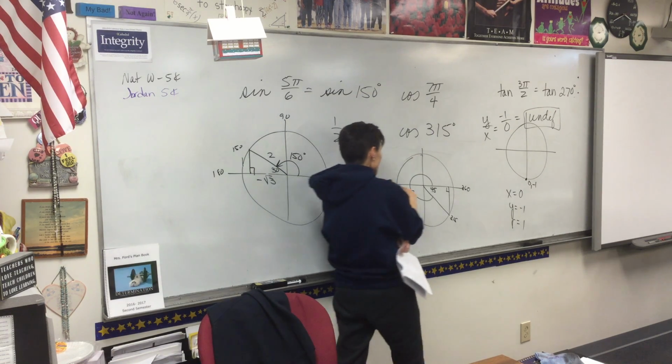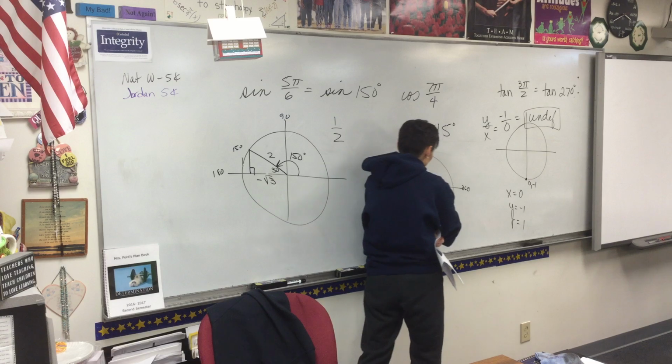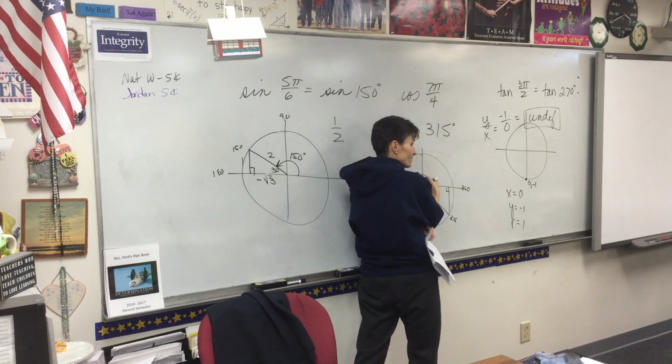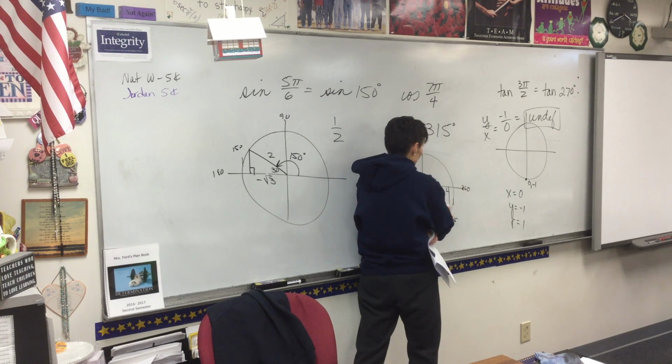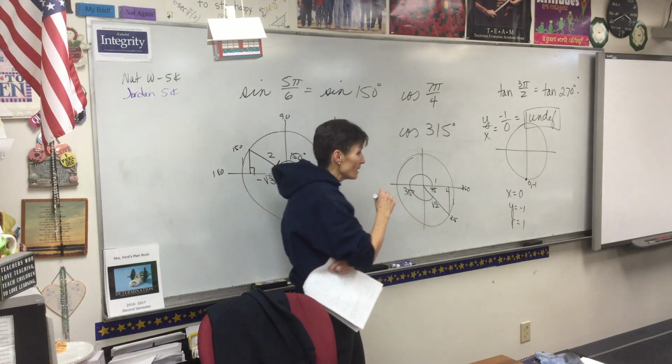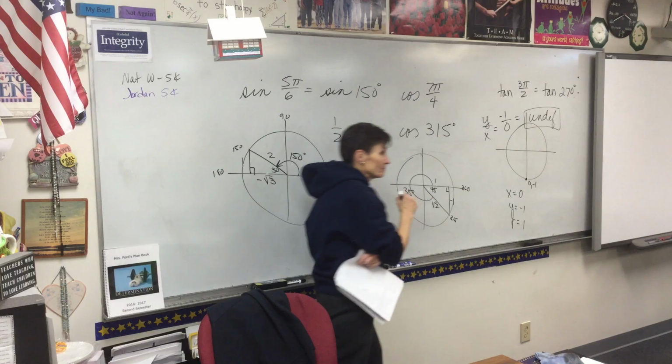So Monica, what are the sides of my triangle, once he told me that's a 45? What's this? 1. Root 2. Negative 1. And this one is negative.